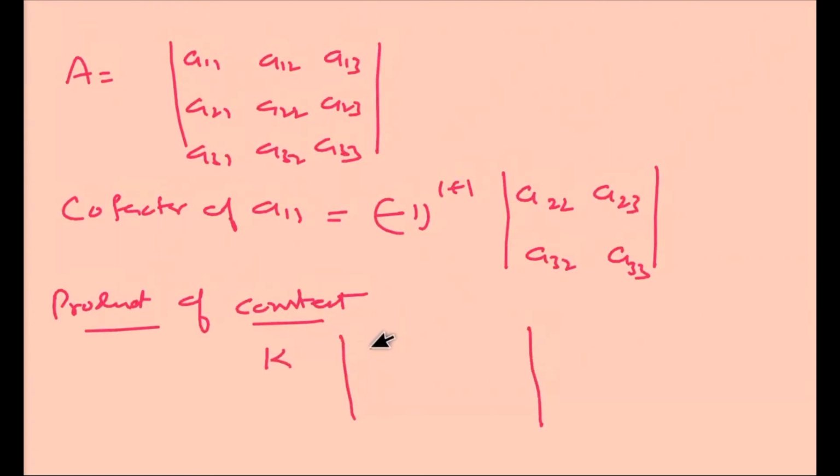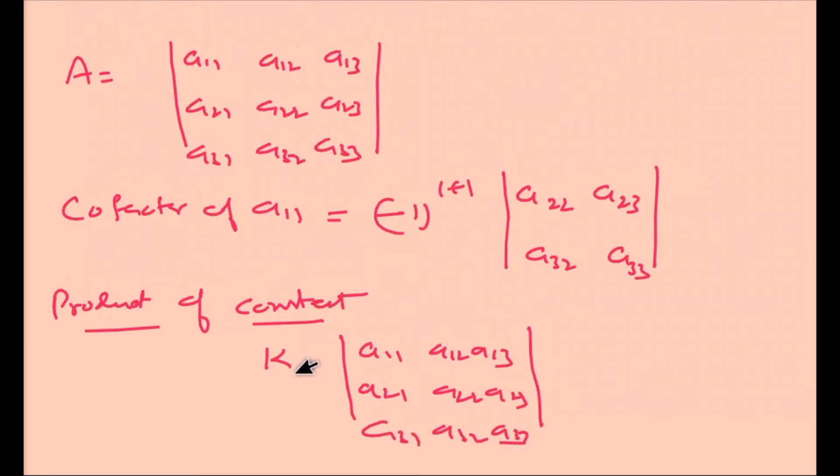In this determinant A11, A12, A13, A21, A22, A23, A31, A32, A33, you can multiply or divide by a constant k in any one row or in any one column, R1, R2 or R3, or in any column.